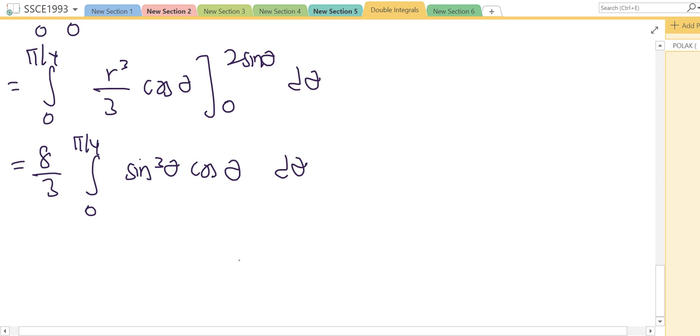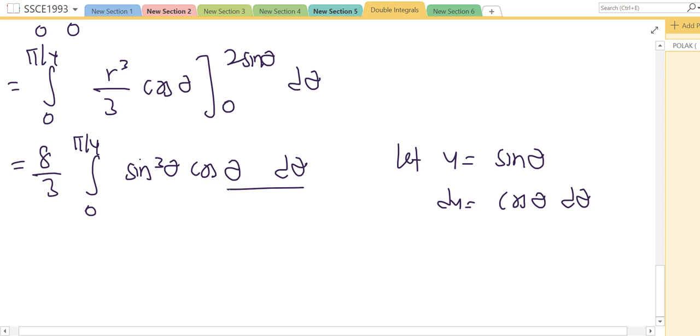Now to solve this one, we use the method of substitution. We let u equal to sine theta, so du is equal to cos theta d theta. If we modify in terms of u, we get the integral of u to the power of 3 du.